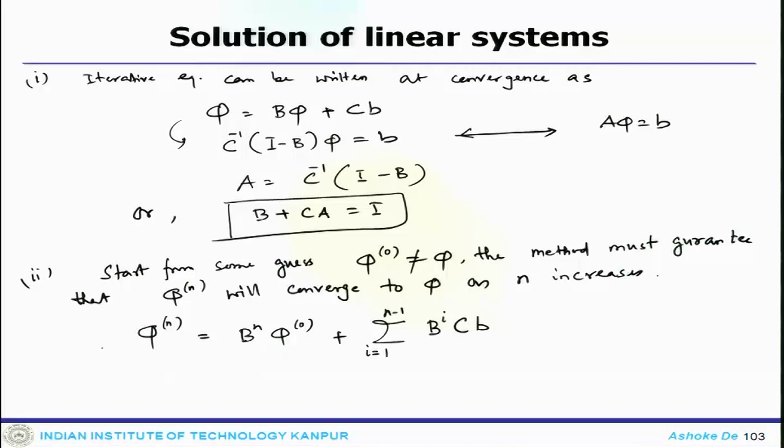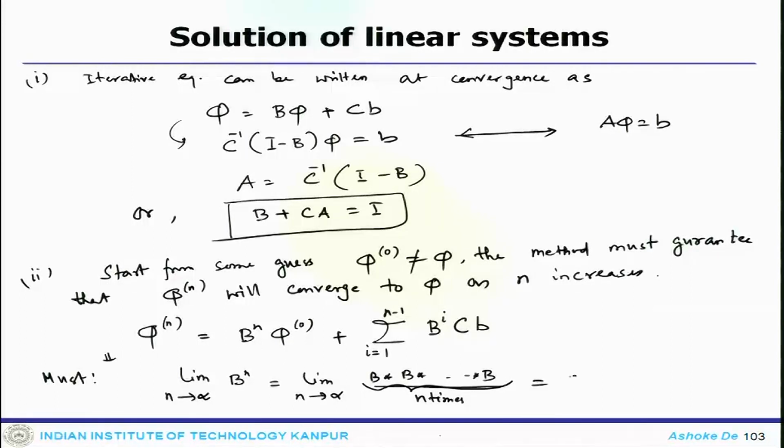So in this particular expression, B must satisfy a limiting condition: if n tends to infinity, B^n, which is B times B times B, n times, must be 0.